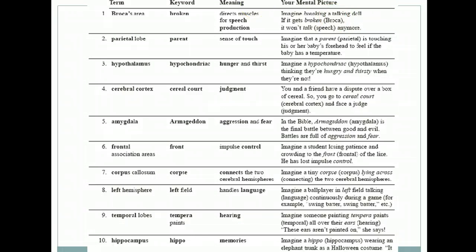If it gets broken, referring to Broca's area, it won't talk anymore, which means that you won't be able to speak. Another way to remember Broca's area is the keyword might be boca, so mouth in Spanish, and I think of mouth in order to speak, so I associate that word boca with Broca's area.